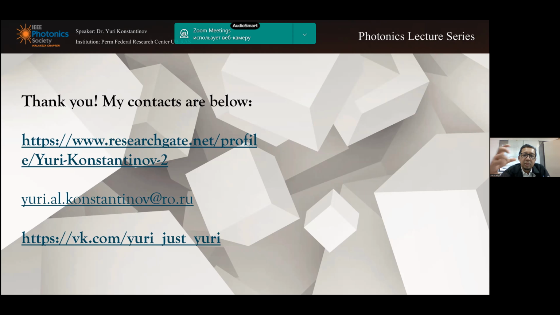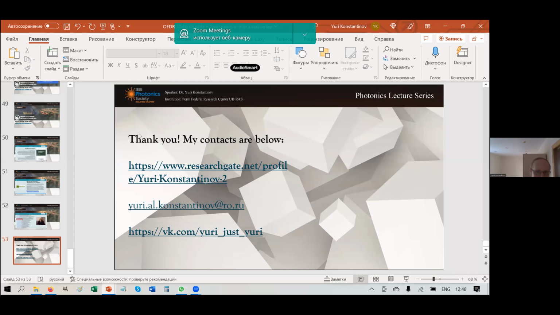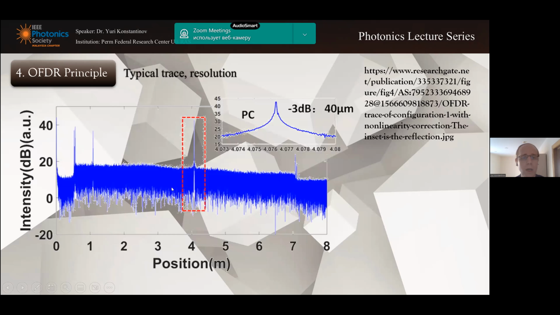We are providing the first stage, the very simple stage of the signal processing. I will go back to the presentation and try to show you. Well, here is the raw data after the first stage of data processing. We have only the fast Fourier transform of the signal, and here we have only the real part.